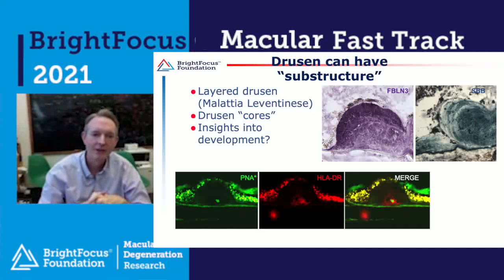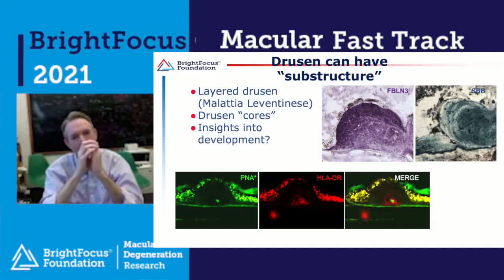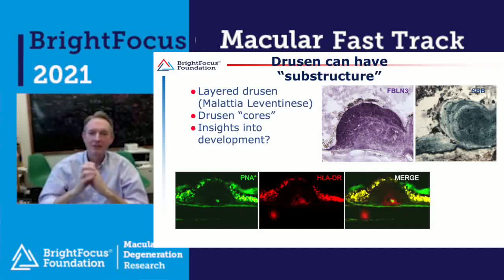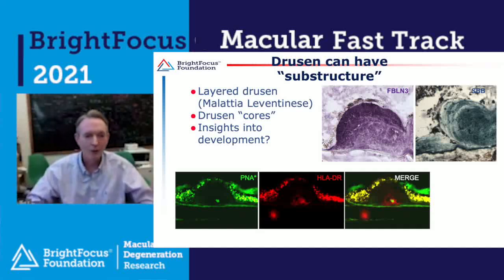It's very interesting. In addition, drusen can have what we call core domains, in which there's this little kernel inside of the drusen, which it's tempting to think is an early stage in the development of drusen, and that the material that's laid down subsequently is put down around that core.